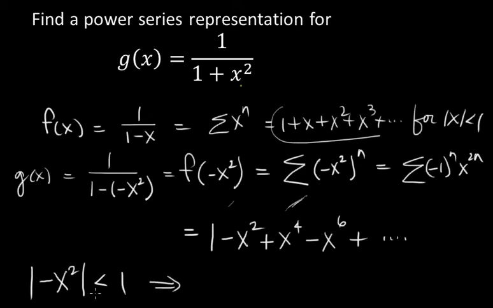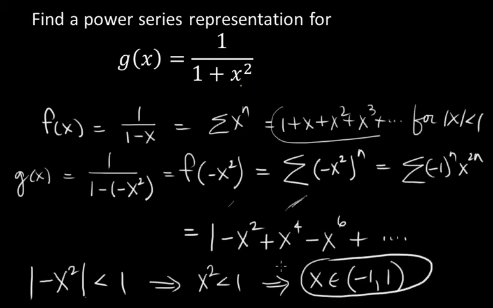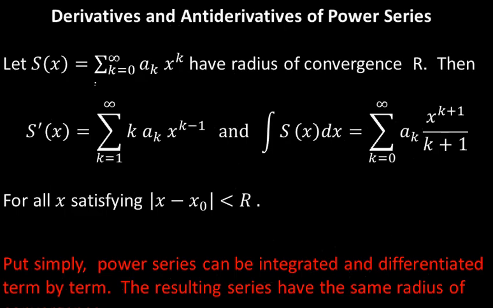Well, that's the absolute value of x squared, which is x squared. So this means that x squared is less than 1, and when x squared is less than 1, x is an element of the interval minus 1, 1 again. So we have the same interval of convergence. You do have to check it.